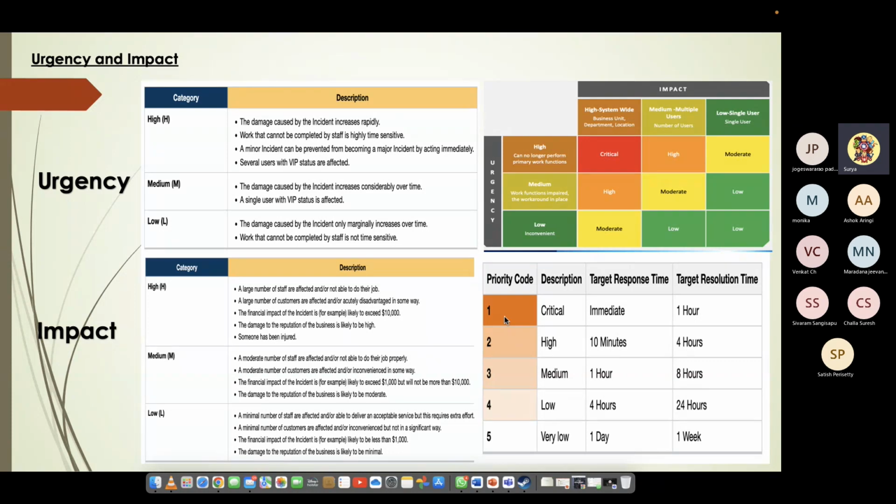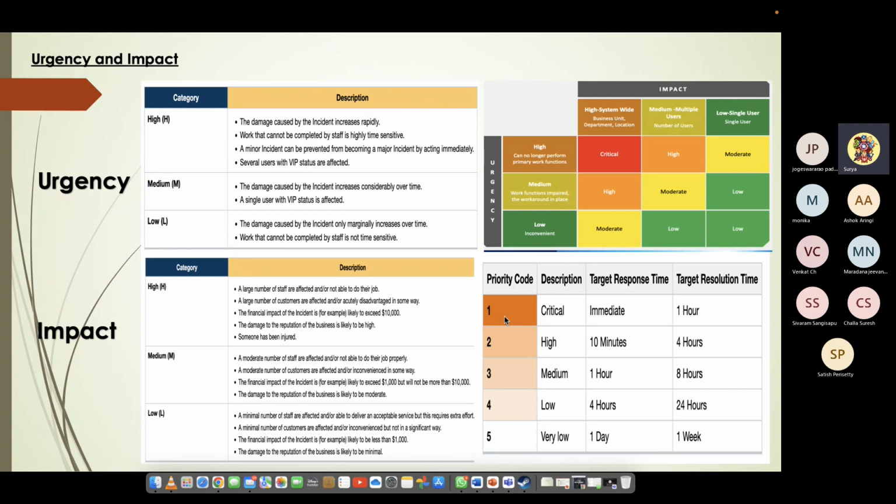That is why yesterday in class I separately told you that major incident management is different and incident management is different. The major incident managers will only take care of P1 and P2. The process is completely different for them, and the flow of incidents is also different.